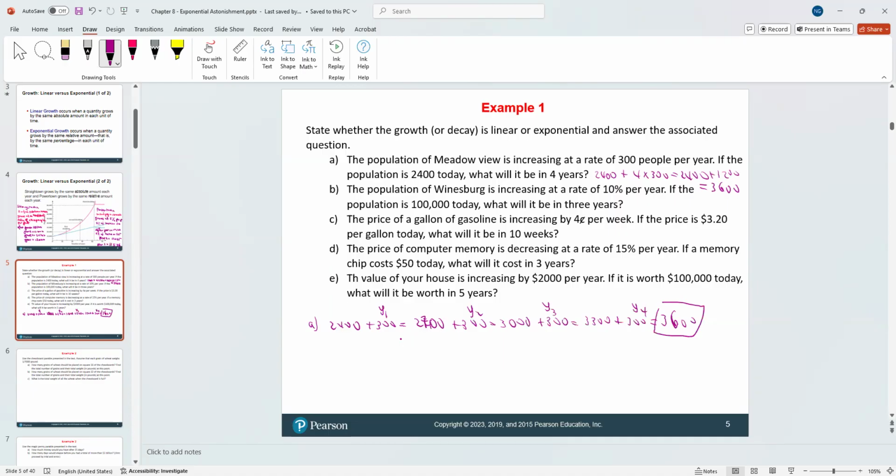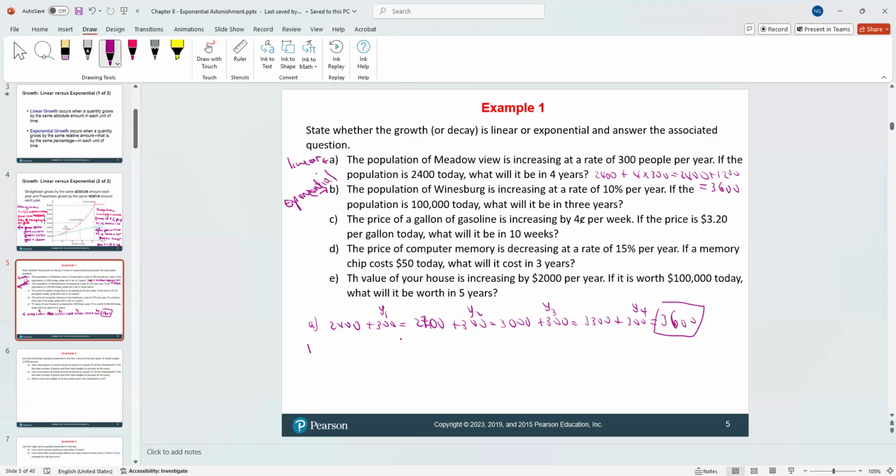We have some techniques on how to do it, or we can just do it year by year. Now, you agree for A, it is linear because we add the same absolute value. But how about B? Would that be exponential or linear? Yes, B would be exponential growth because it's in percentages.